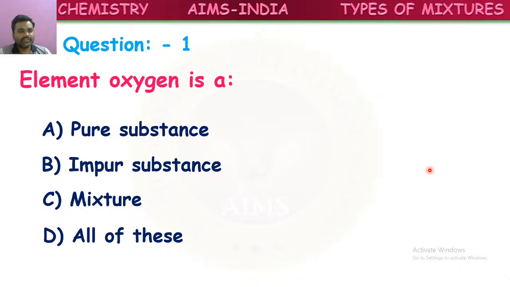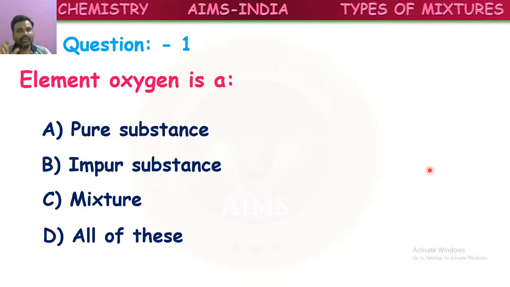Yes, earlier we have discussed this element oxygen. Some of you are giving different answers here. Yes, A is the correct answer, because element oxygen is made up of only one kind of atoms, that is oxygen atoms. The substance which is made up of only one kind of particles is known as a pure substance.